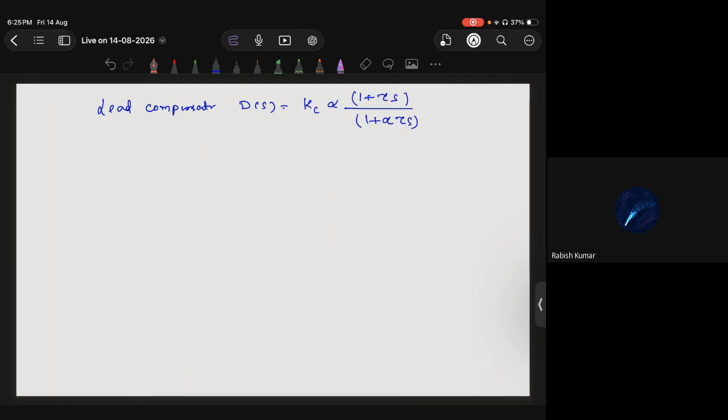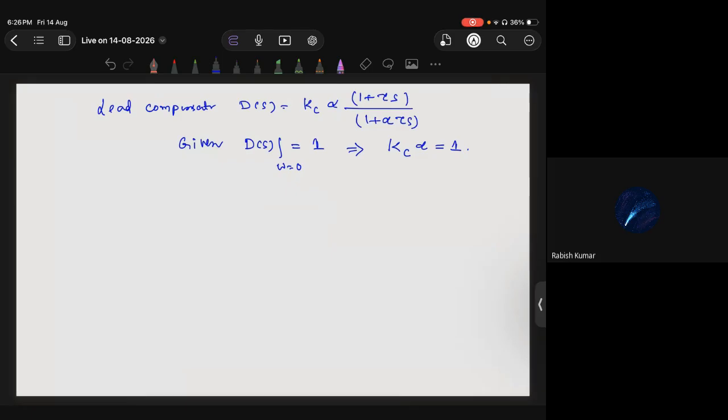Here in the question it is already given that D of S is equal to 1 when omega is equal to 0. That means Kc alpha equal to 1, because once you substitute S equal to 0, omega equal to 0, you'll get this.